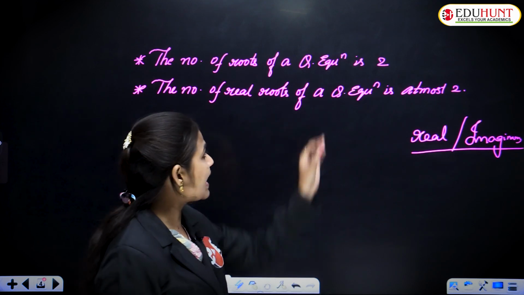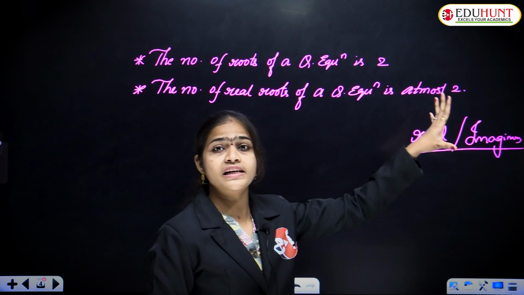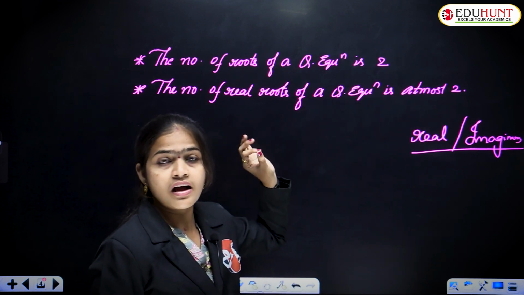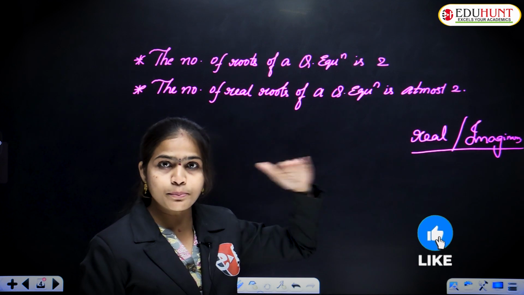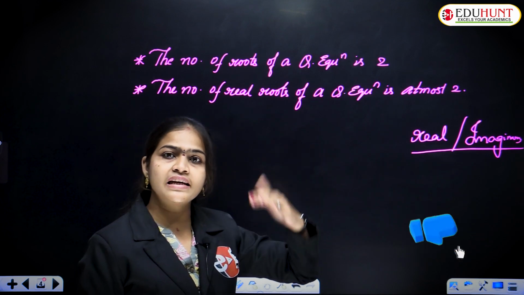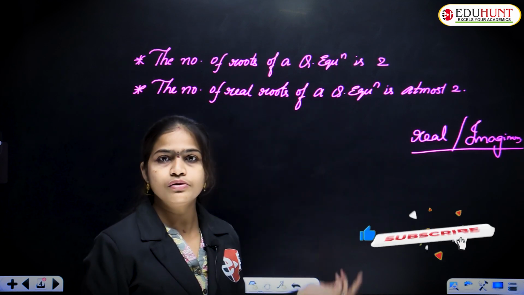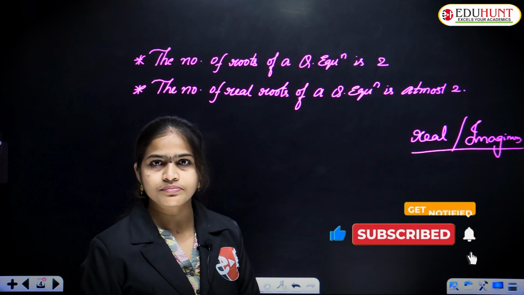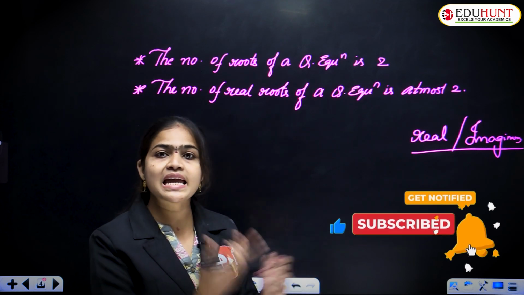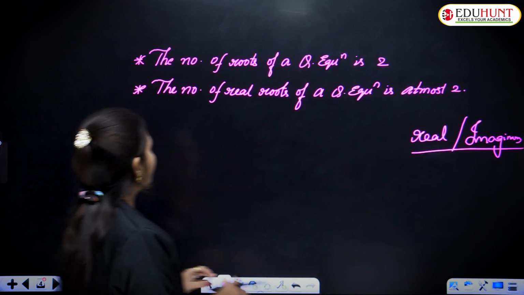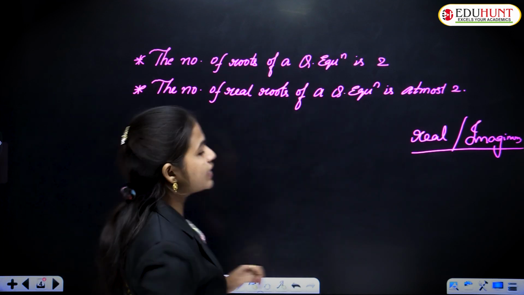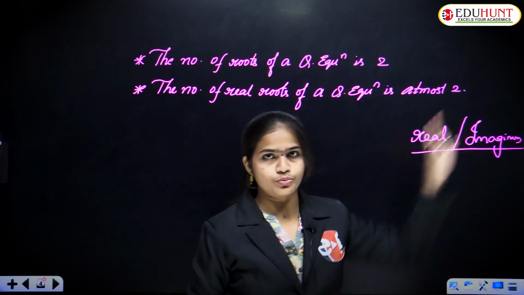So at most how many real roots will we get? Only 2 real roots at most. At most means less than 2 also, or no real roots also. No real roots means imaginary roots will be there. So the number of real roots of a quadratic equation is at most 2.